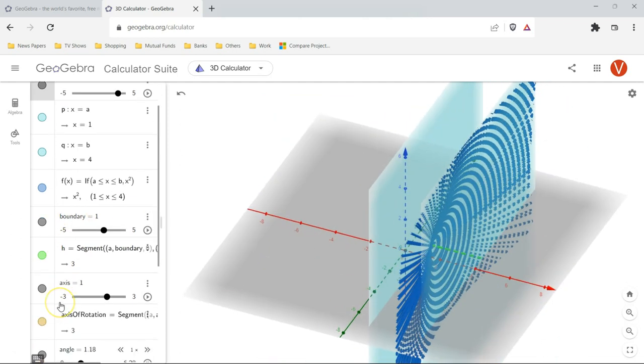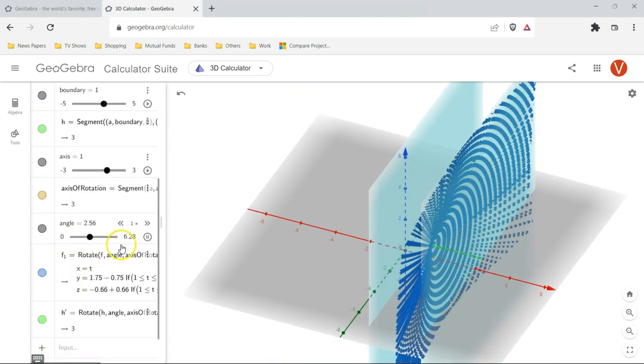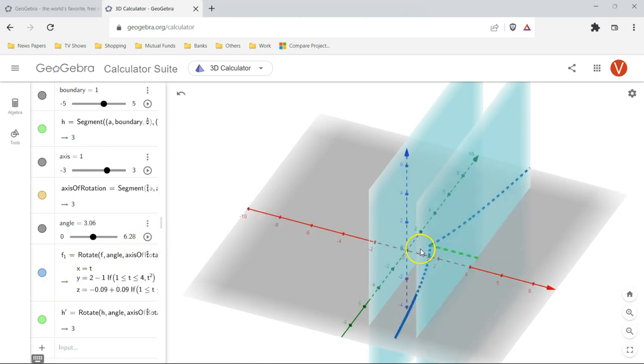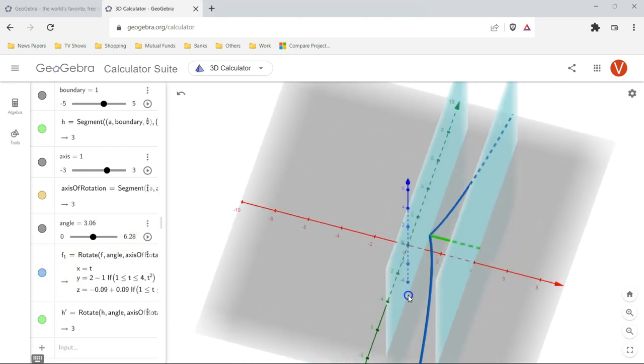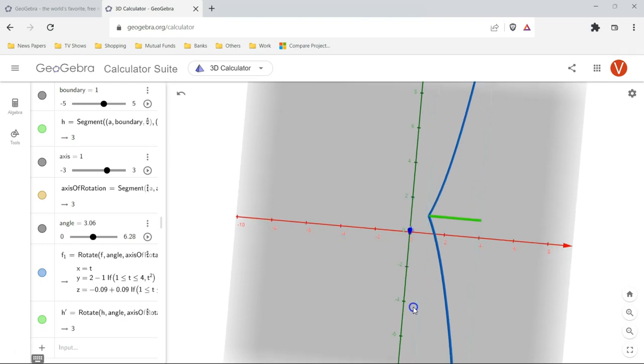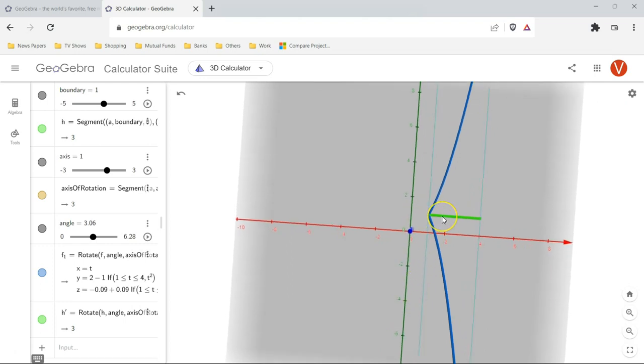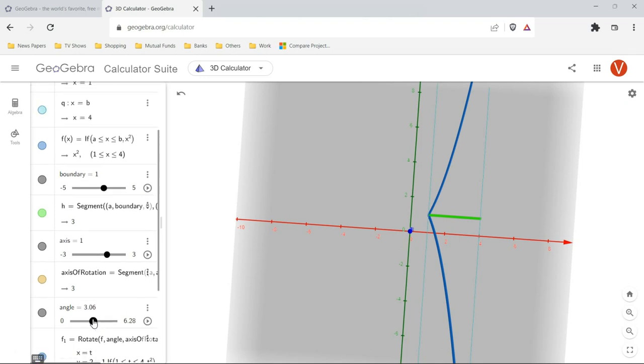Okay, now another very interesting way of doing this is if we keep the axis of rotation and the straight line boundary separate. So how do we do that?